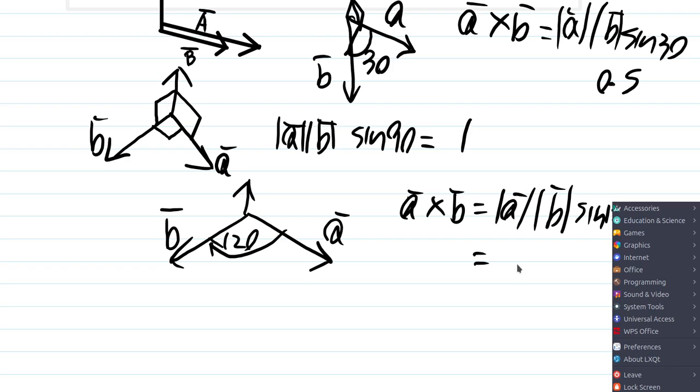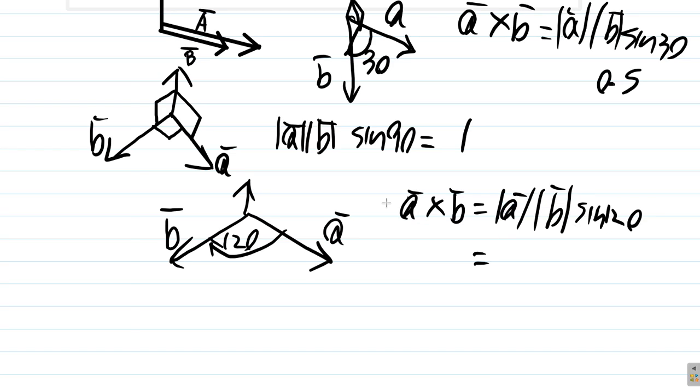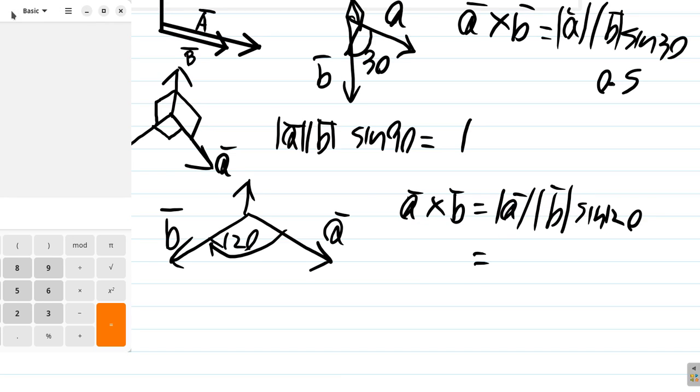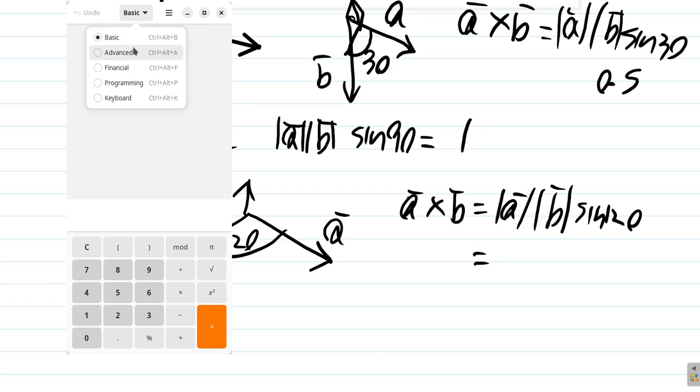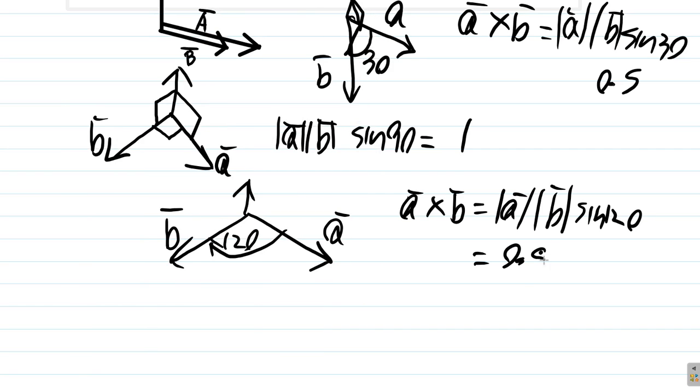What is the sine of 120 degrees? We have sine 120 equals 0.866. Alright?